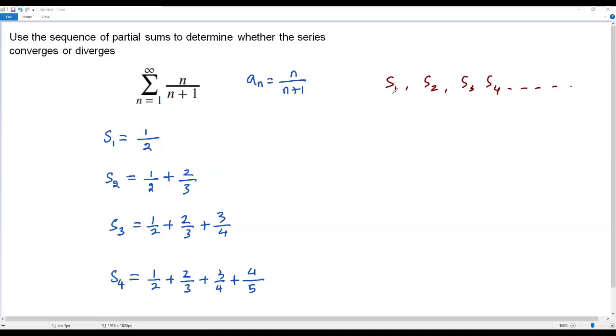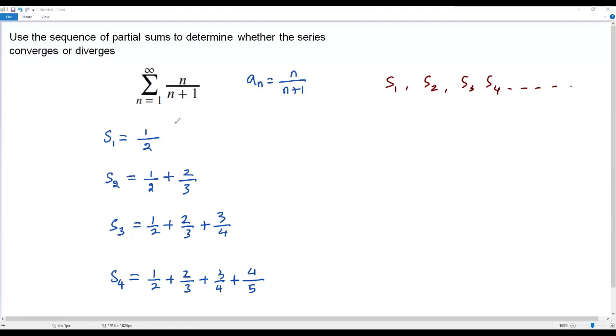In case the sequence formed by the partial sums diverges, then the given infinite series will diverge. So now we have to identify whether the sequence formed by the partial sums converges to a finite value or diverges. So how do we find that?